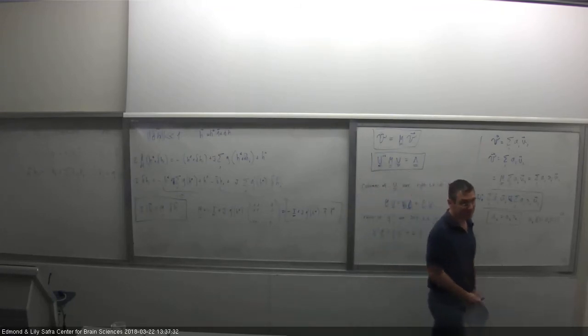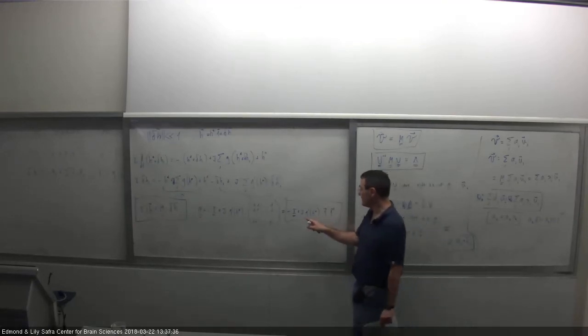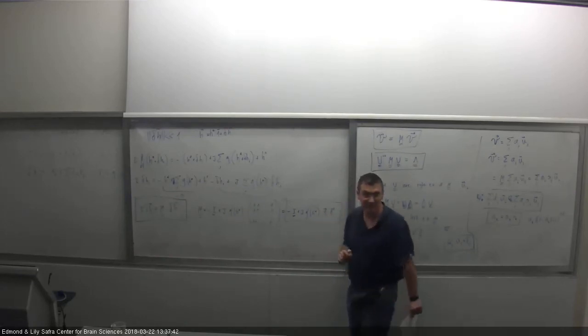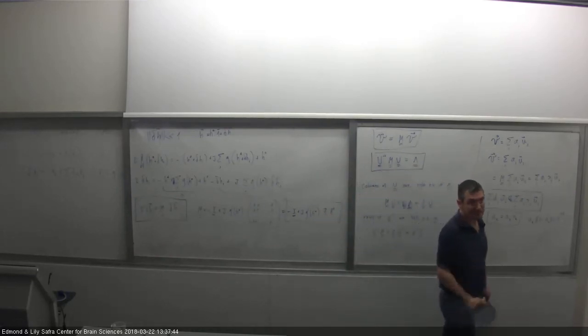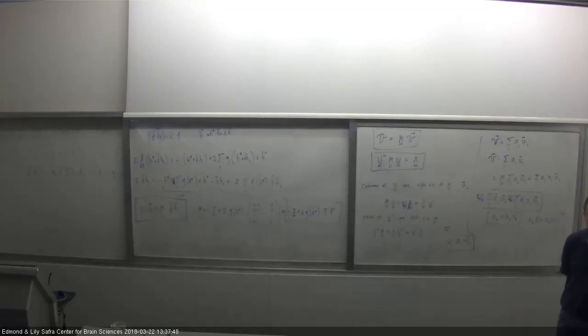So this matrix has a peculiar form, right? It's a constant times the product of a vector with its transpose. So what are the eigenvectors of this one?